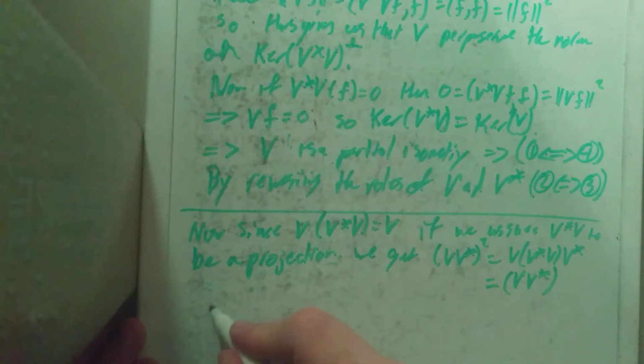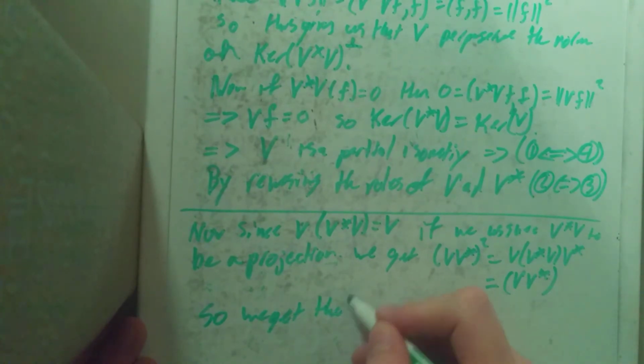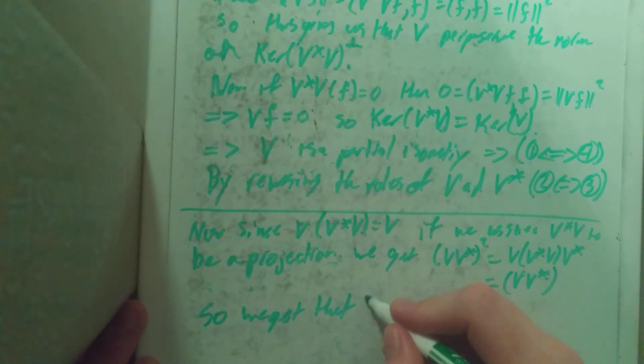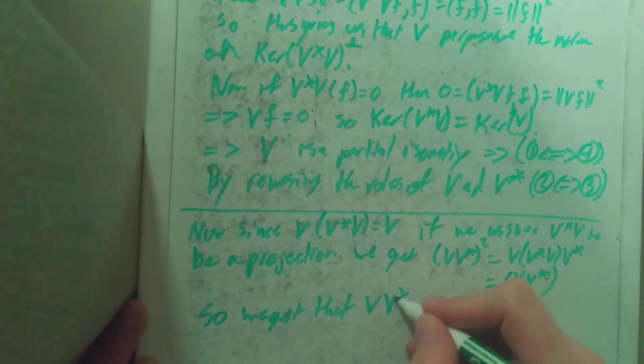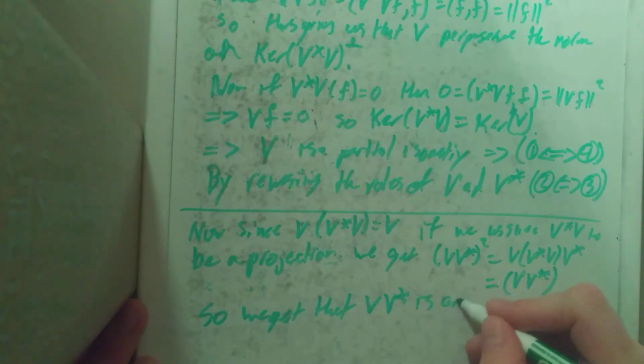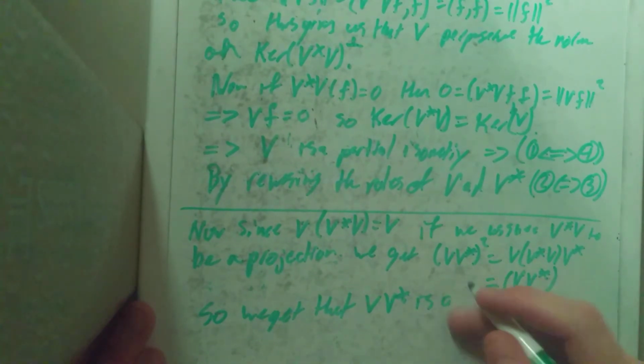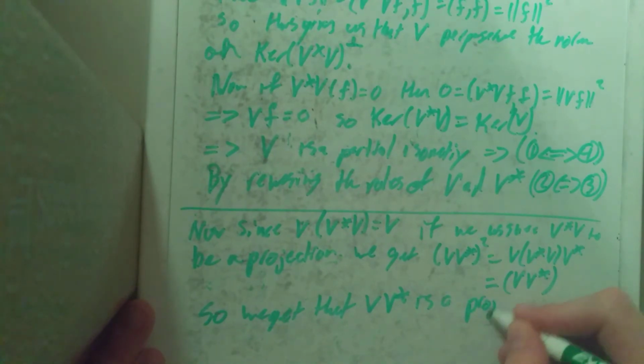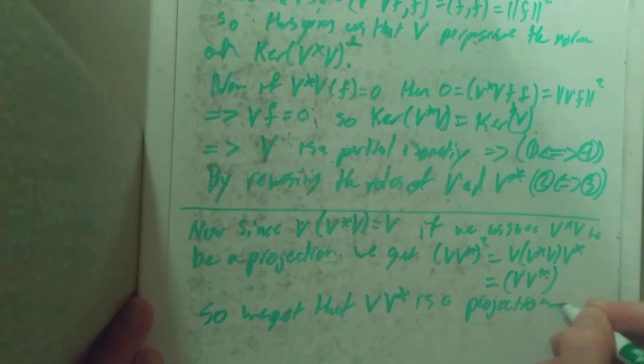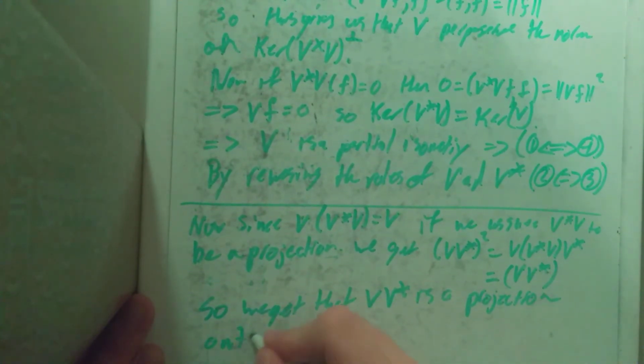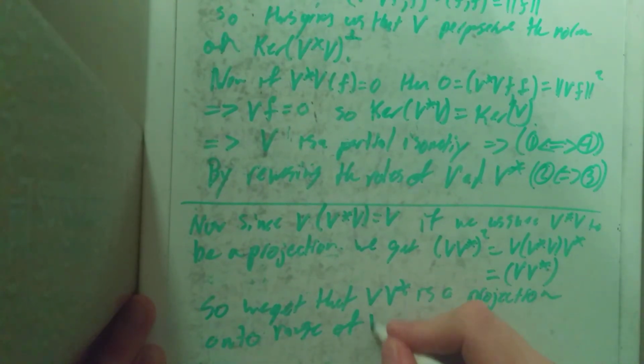So we get that V star is a projection. More specifically, onto the range of V as desired.